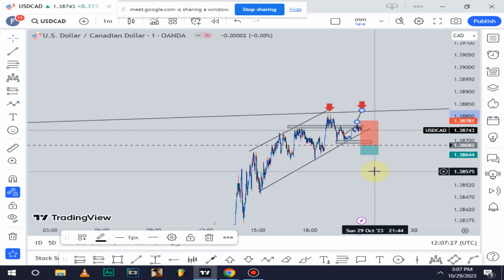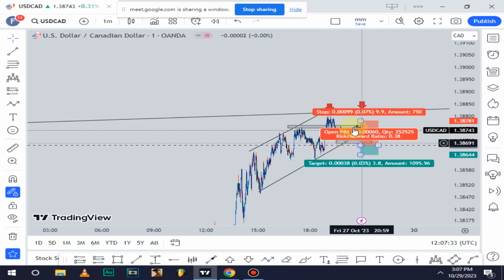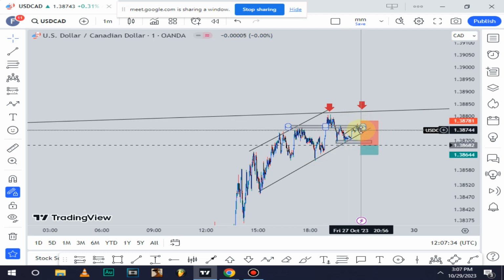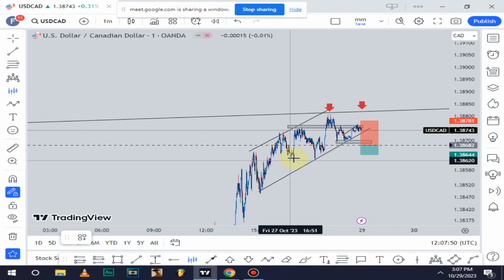If this, let me just draw that first. So if the market does not break out from this uptrend, this small mini uptrend, if the market does not change its character to go down but continues going up, I should be seeing how it will be reacting around this zone over here. So let me just draw this and show you what I'm talking about.